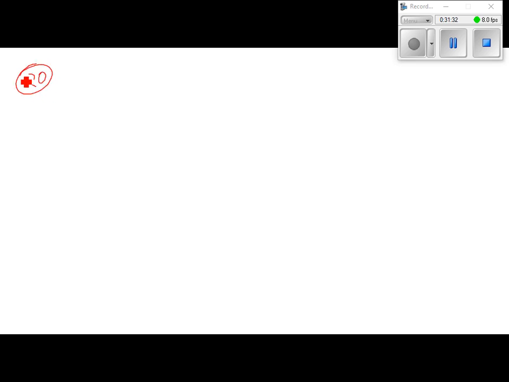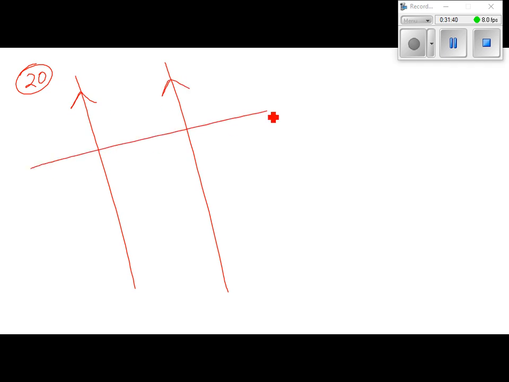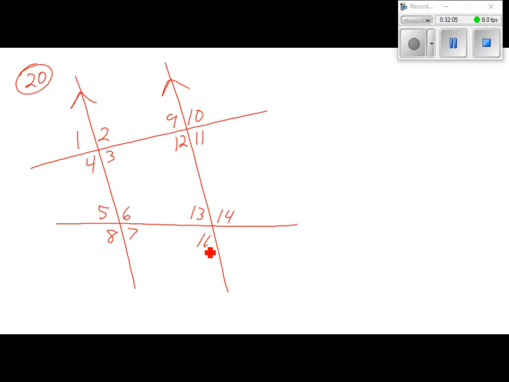Number 20, they give us a picture, it looks like this. They tell us these two lines are parallel. We number the angles 1, 2, 3, 4, 5, 6, 7, 8, 9, 10, up through 13, 14, 15, and 16.